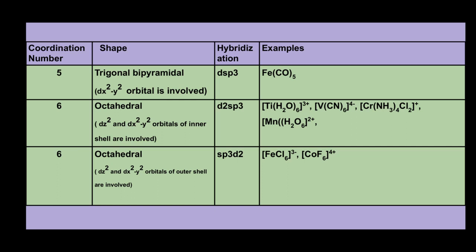In complexes where coordination number is 6, the two types of hybridizations are d2sp3 and sp3d2, and in both cases the geometry of the complex is octahedral. Examples of both types, inner and outer complexes, are given here in this table.